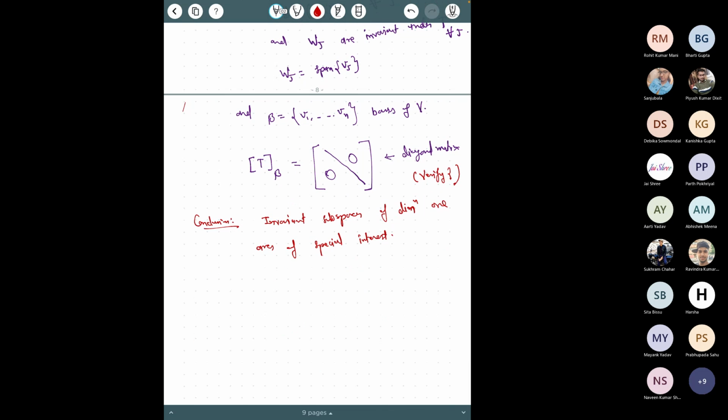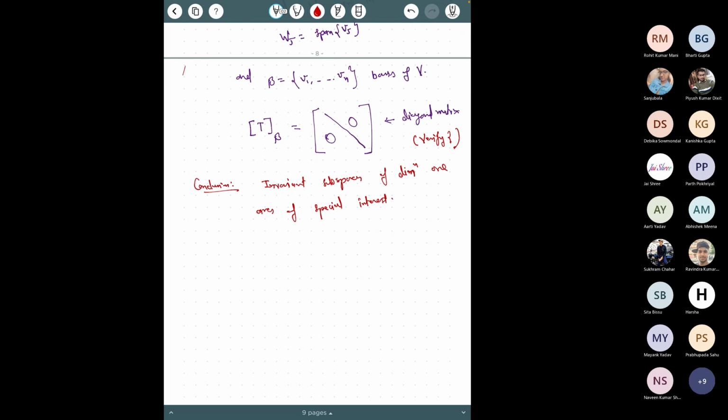So let me write this as a result first. Because they are of special interest, I will write this result first for one-dimensional invariant subspaces.